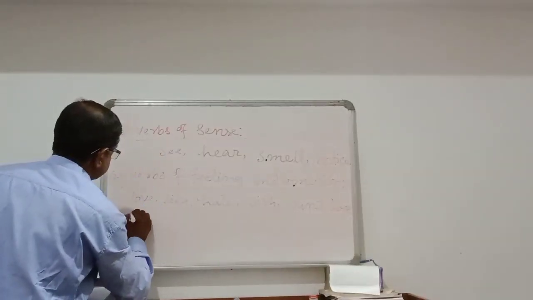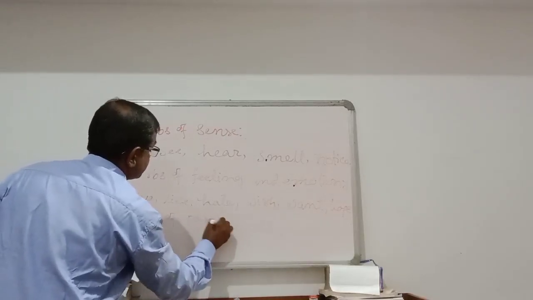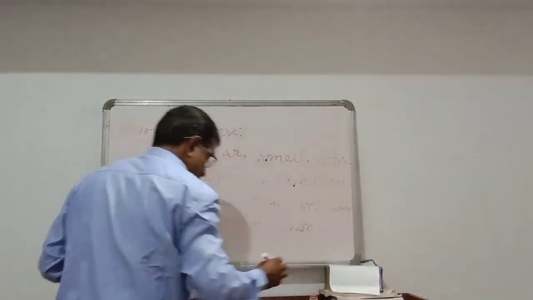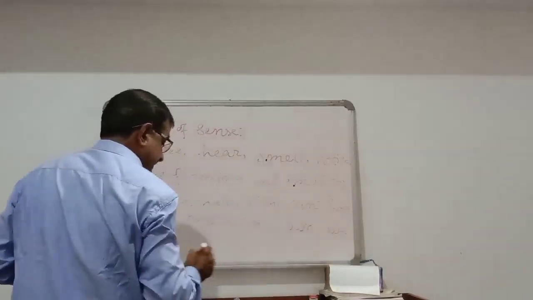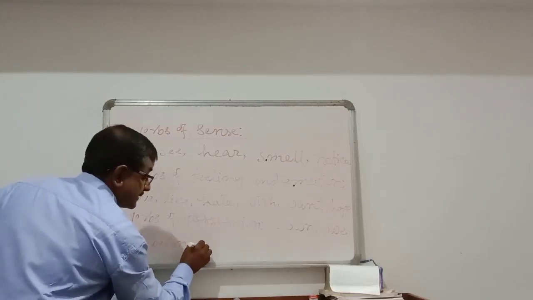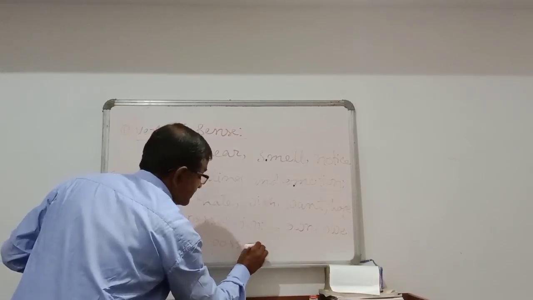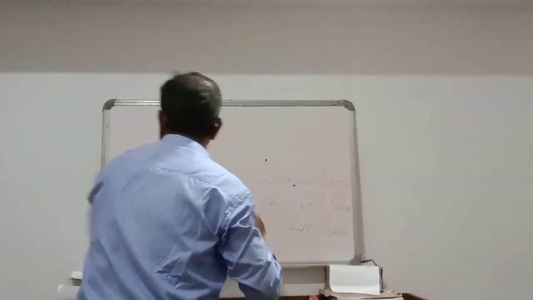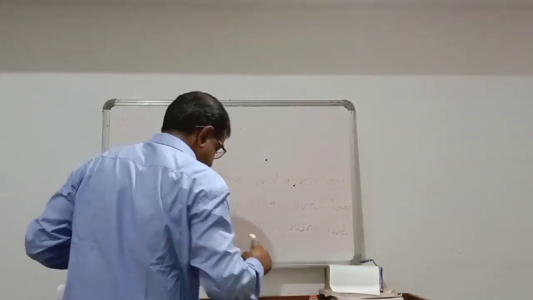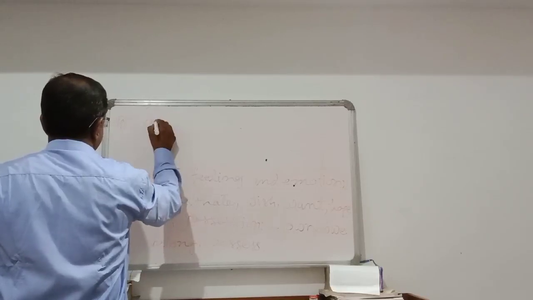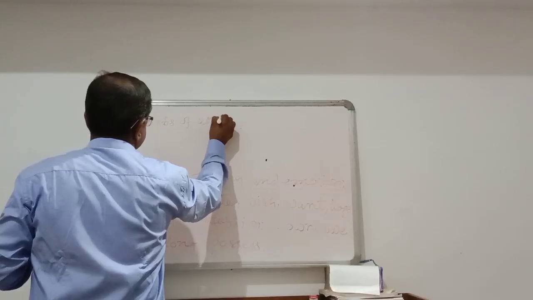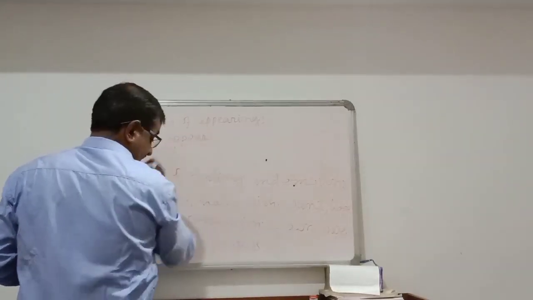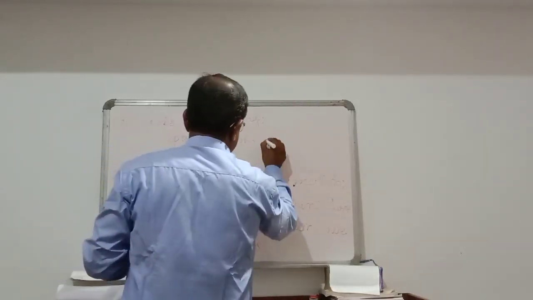And number 3, verbs of possession, that means own, owe, belong, possess, contain, consist, etc. And number 4, verbs of appearing, such as appear, look, seem.